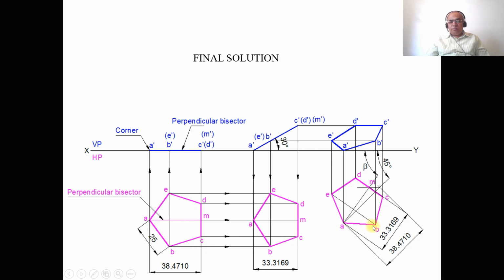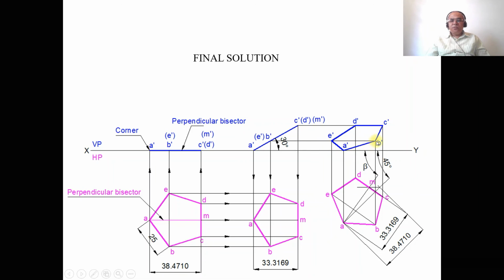Then join A to B, B to C, C to D, D to E, and E to A with a dotted line. And then draw a horizontal projector from A dash of the second position front view, and draw a vertical thin projector line from A to the XY line, and you mark this point as A dash. And then draw a horizontal projector from B dash and A dash, and draw a vertical projector from B and E from the third position top view.